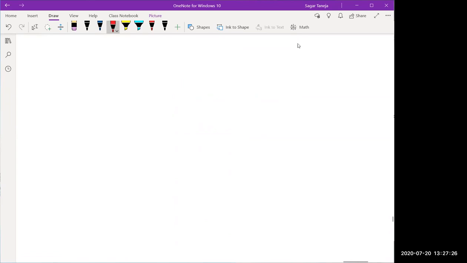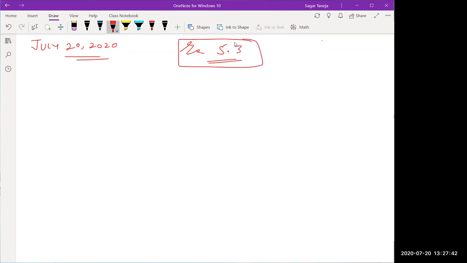Put on a new page. Exercise 5.3 now. Exercise 5.3 we have to start with, and before that let me give you an introduction of the same.